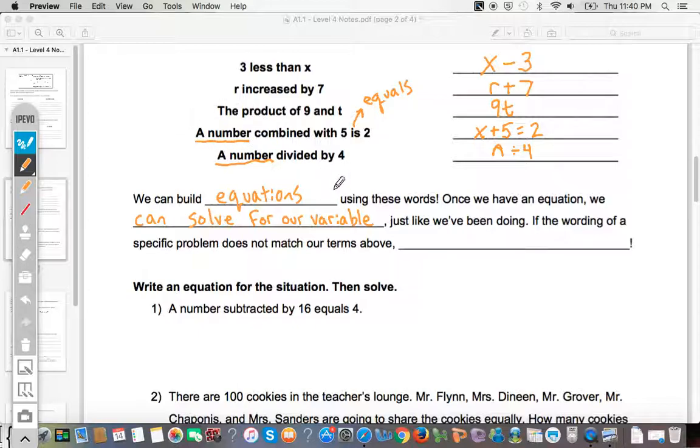Pretty cool. So if the wording of a specific problem does not match the terms above, so we're reading through a word problem and we understand what the words mean, but we're not exactly sure what operation we should use, just use common sense.